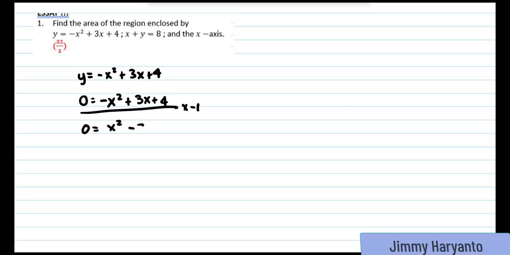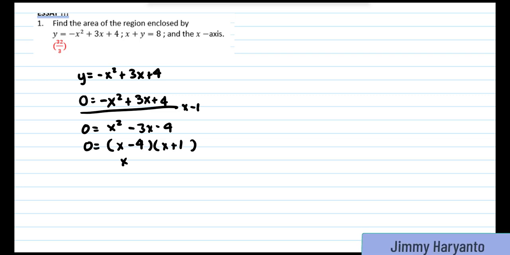You'll have x squared minus 3x minus 4, and then you factorize it: x minus 4, x plus 1, so x equals 4 and x equals negative 1.